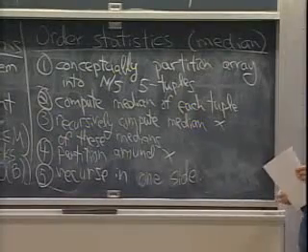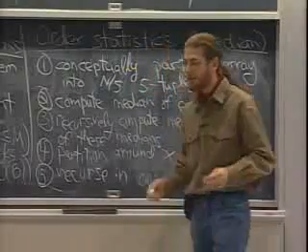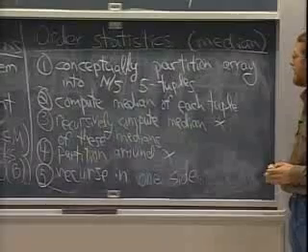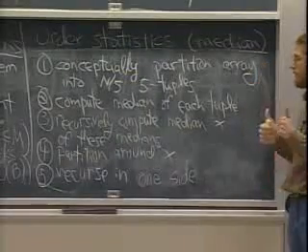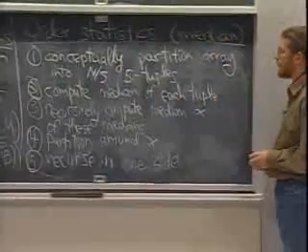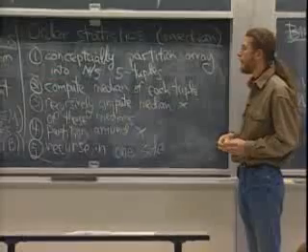Okay, so how much time does this take? Well, we know it should be linear time, but how many memory transfers does this take? Well, conceptually partitioning I can do in 0. Maybe I have to compute n over 5, no big deal here, we're not thinking about computation. I have to find the median of each tuple.